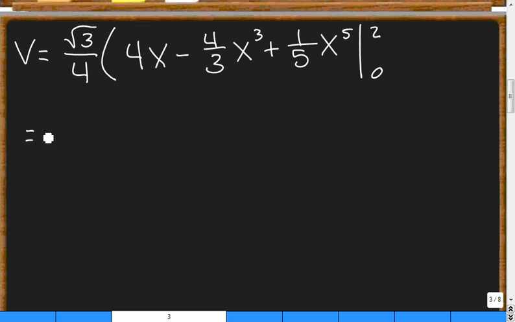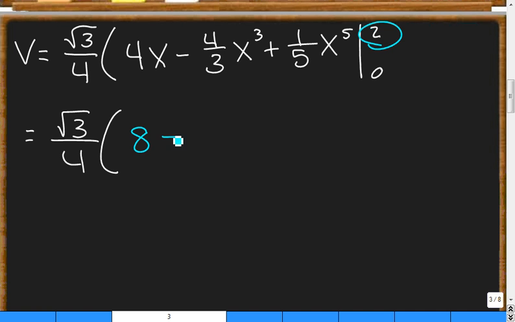So let's continue. So we get square root of 3 over 4. Our 0 part is going to zero everything out, so I'm just going to focus on 2. So 2 times 4 is 8, minus 4/3 times 8, which is 2 cubed, is going to be 32/3. And then we have plus x to the 5th, so 2 to the 5th is 32 over 5.